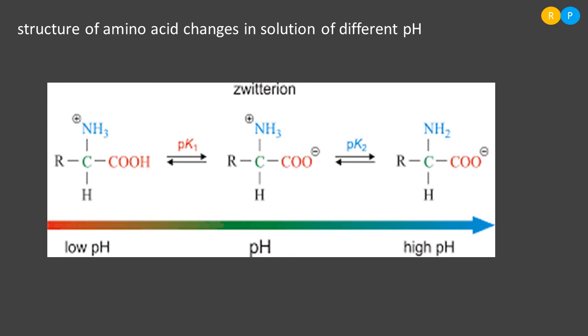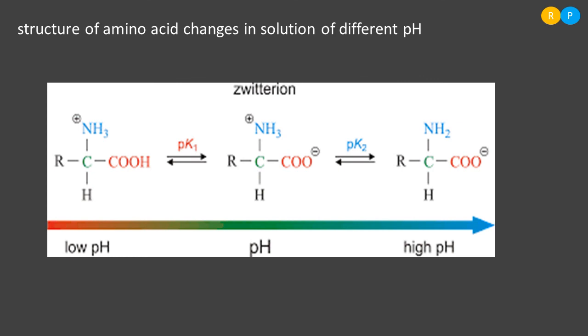So when there is more hydroxyl group in the solution, what happens is deprotonation takes place from the amino acid. That means one of the hydrogen from the amino group moves towards the hydroxyl group of solution and a molecule of water will be formed. Understood? So because one of the protons is lost from the amino group, this is called deprotonation.